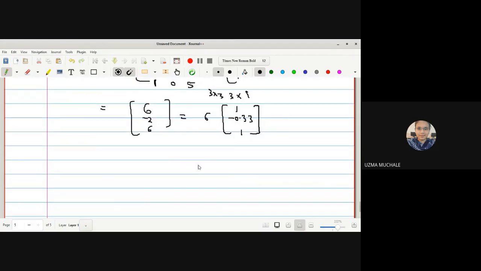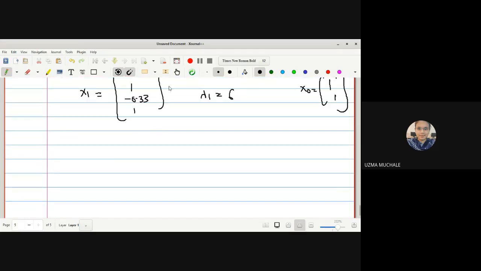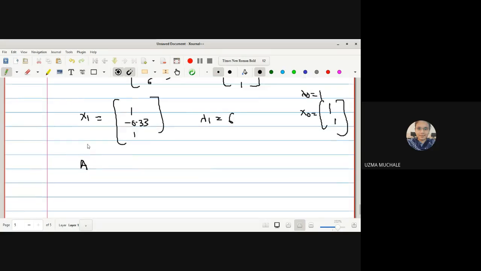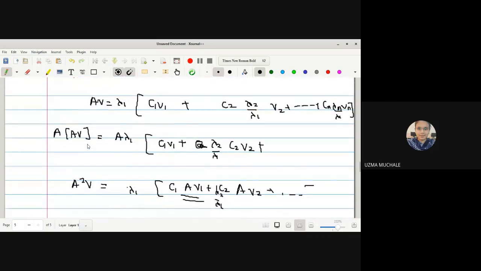So we get here x1, where x naught was the initial choice, and x1 is the eigenvector corresponding to eigenvalue lambda 1 is equal to 6. Initially we assumed lambda naught is 1 and x naught is 1 1 1. Now let us consider the next one. Just like in the method, we again multiply with A. This one we have already solved and got the value.